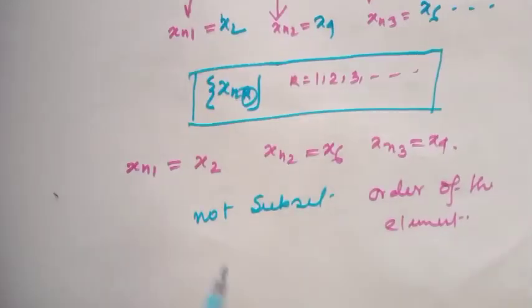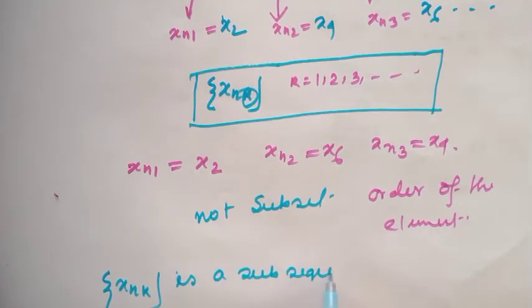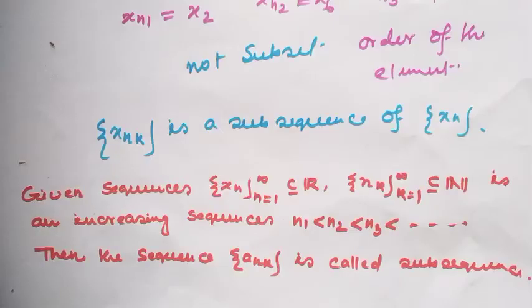That means x_{nk} is a subsequence of x_n, and the order of the elements has to be maintained. Are you getting my point? Okay. Let's see the definition of a subsequence.